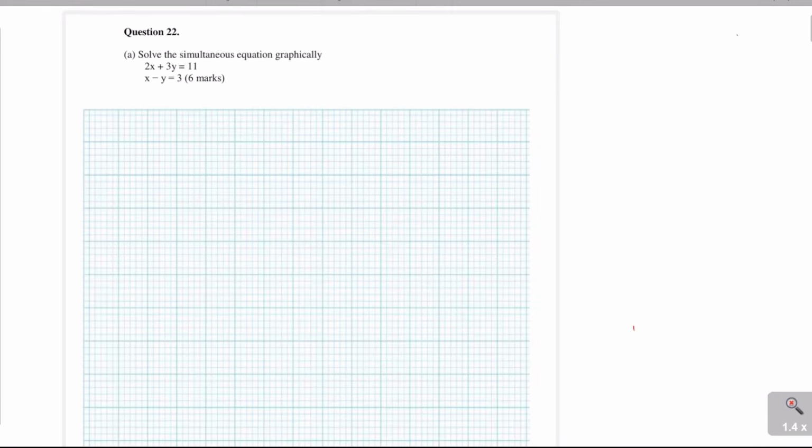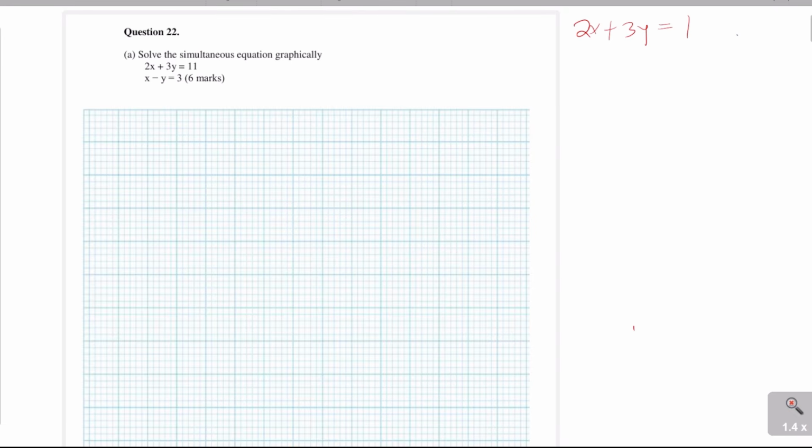Question 22, part A. Solve the simultaneous equations graphically. 2x plus 3y is equal to 11. x minus y is equal to 3. 6 marks. To solve these simultaneous equations graphically, you have to graph each of these equations. 2x plus 3y is equal to 11 is an equation of a straight line, so you have to draw that straight line.